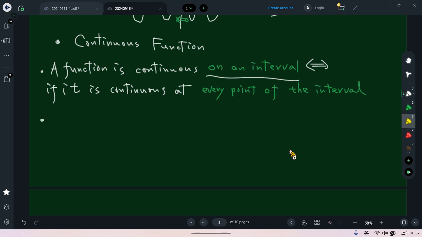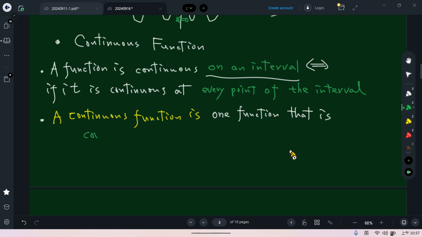The second definition is that a continuous function is one function that is continuous at every point in its domain.